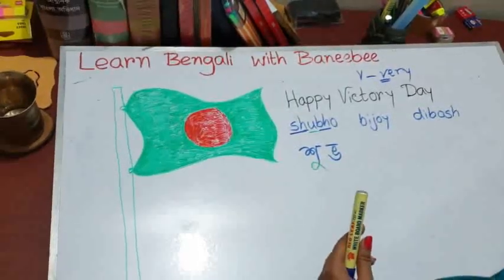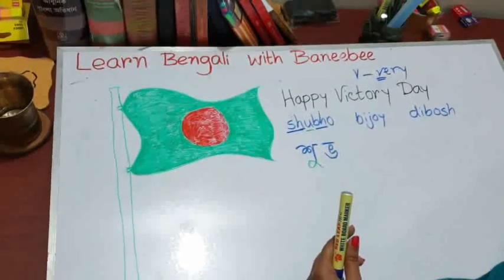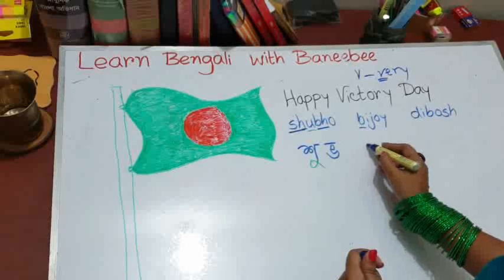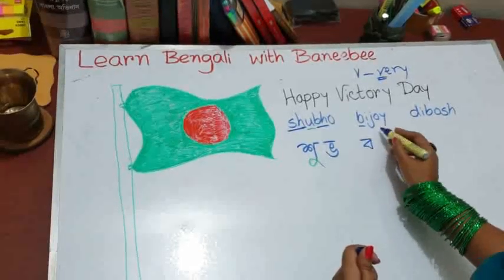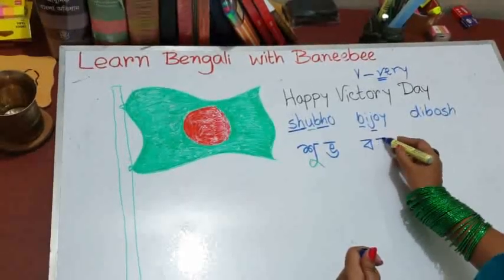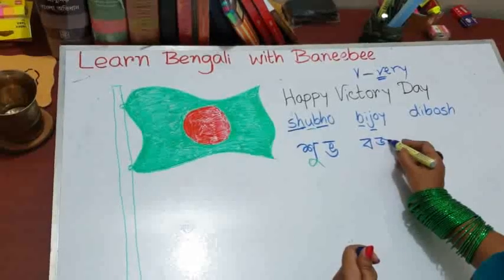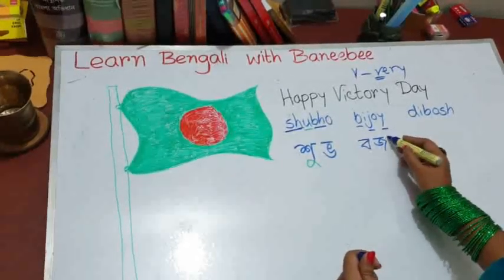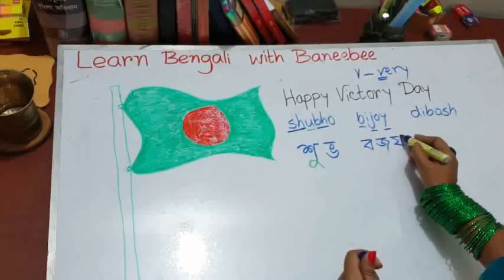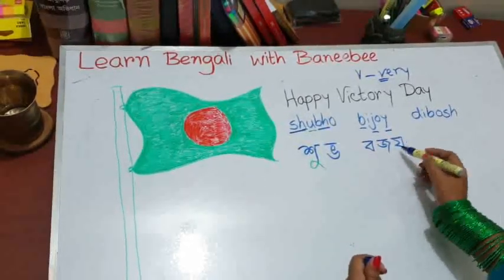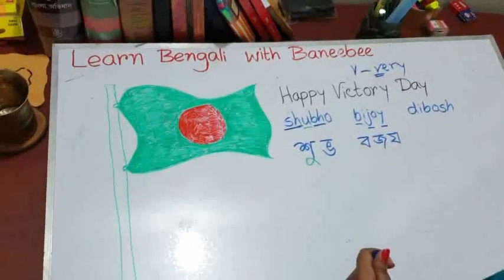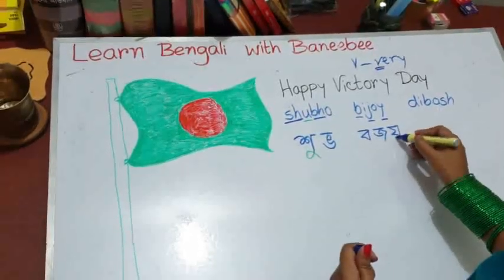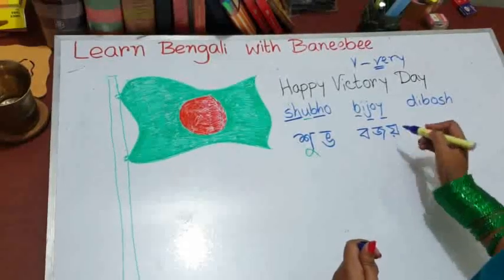Now Bijoy. Okay. So to write Bijoy, Ba, then this is the second consonant in this word, Ja, then this Oi. Do you remember this Oi sound? I'll give you the link for the related lesson where I taught what is the use of this semi-vowel thing.